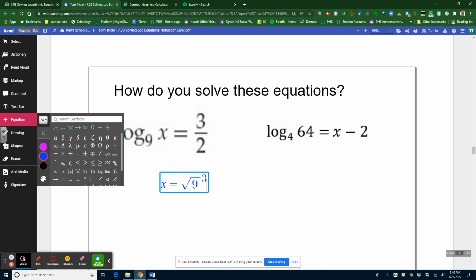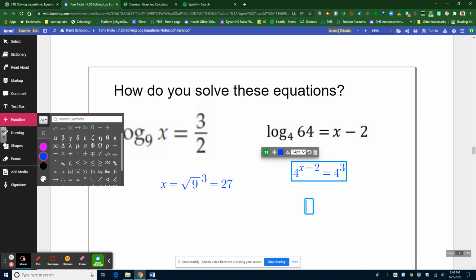Square root of 9 is 3. 3 cubed is 27. Okay. This one, a little bit more work. 4 to the power of x minus 2 equals 4 to the third power. So that's really x minus 2 equals 3. And that's going to be 5.